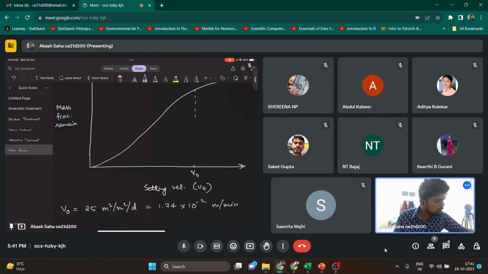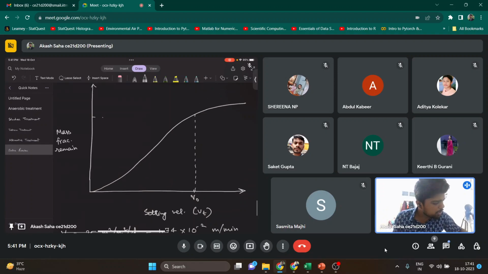We will make a vertical line and see what the mass fraction remaining is. This mass fraction value is around 0.54. So above this, the particles are getting settled 100%.